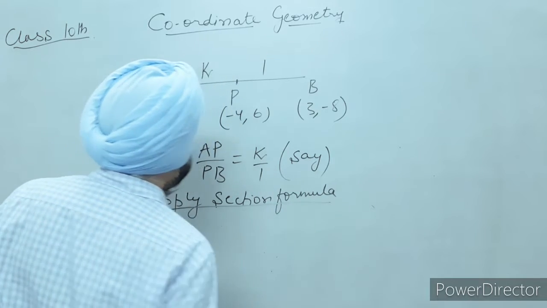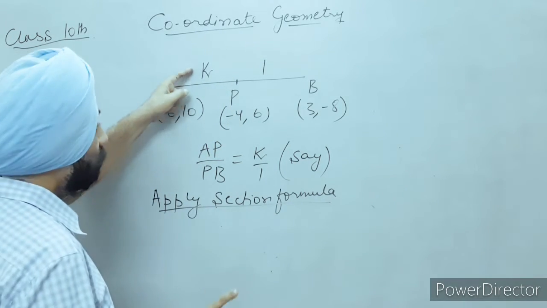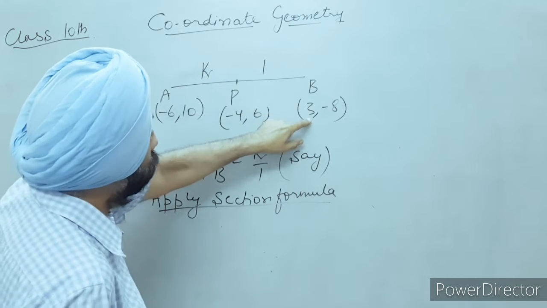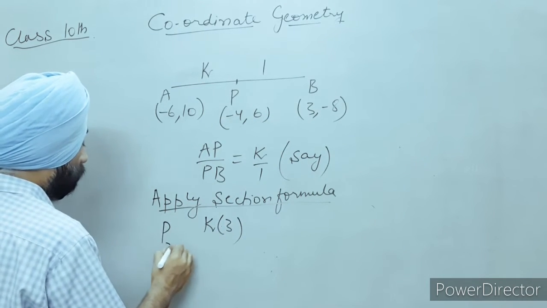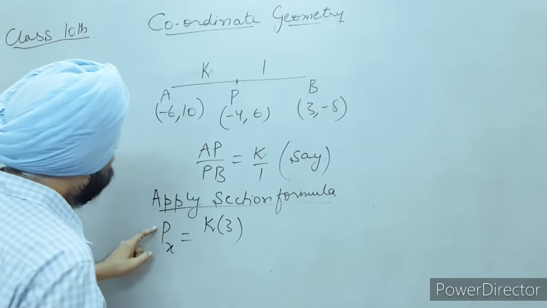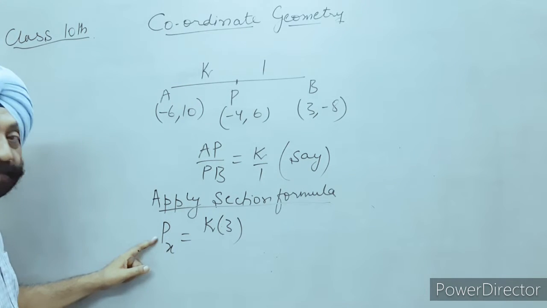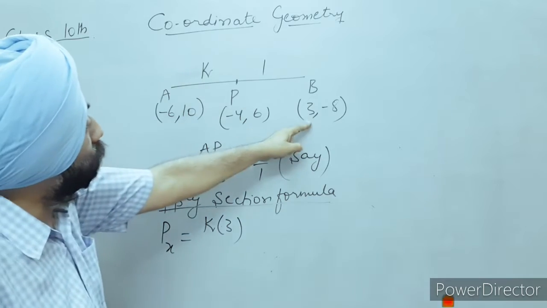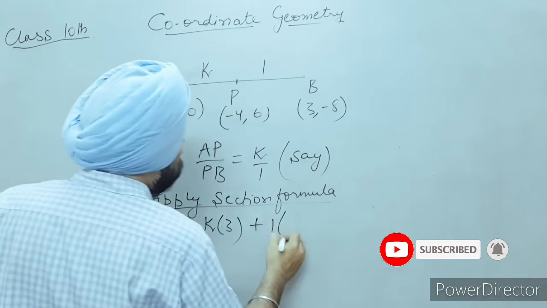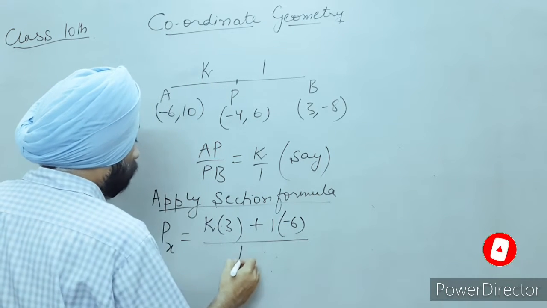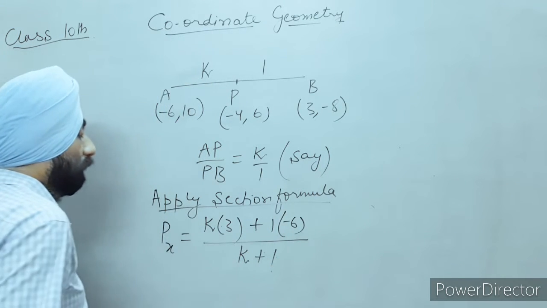When you apply the section formula, the abscissa of point P is (k into 3 plus 1 into -6) divided by (k plus 1).